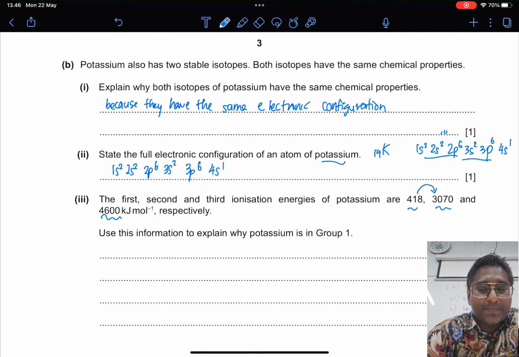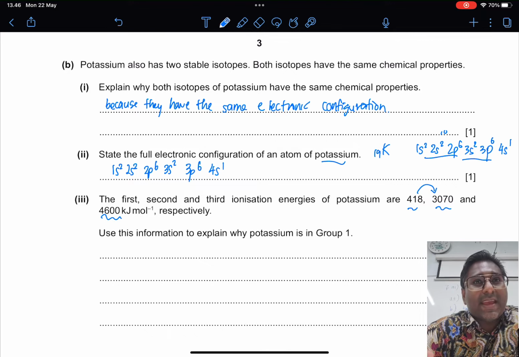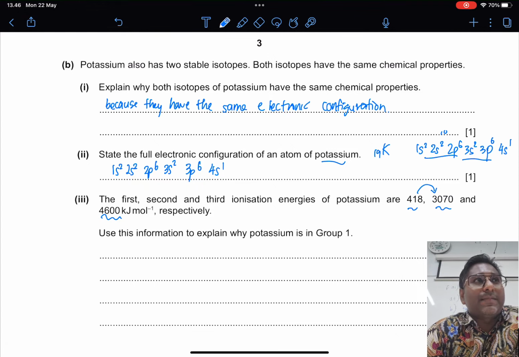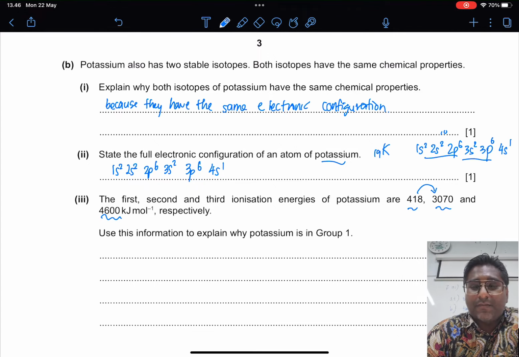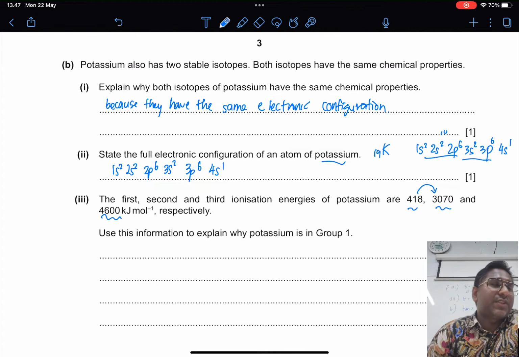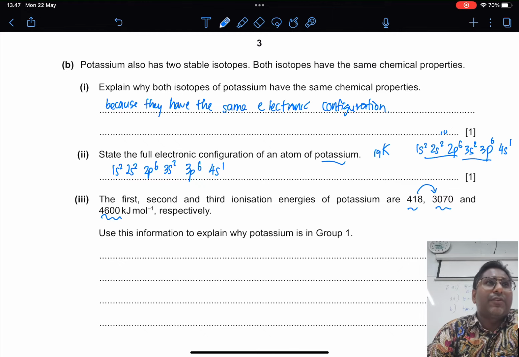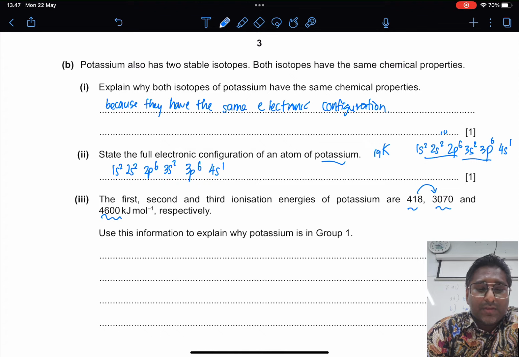It means that to remove the second electron you need to give a lot of energy, it's difficult to remove. So the first electron is already at the outermost shell, and the second electron must be closer to the nucleus, in the inner shell.